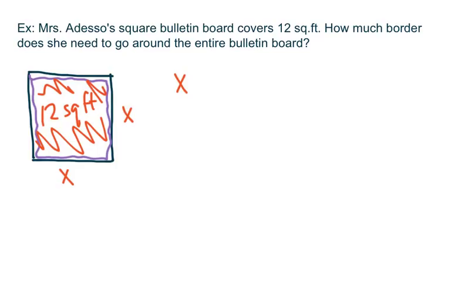X times itself, remember that area is length times width for a square, so x times itself is x squared, and we know that's going to be 12. So remember, we do not want to divide by 2. That is a big mistake that students make.